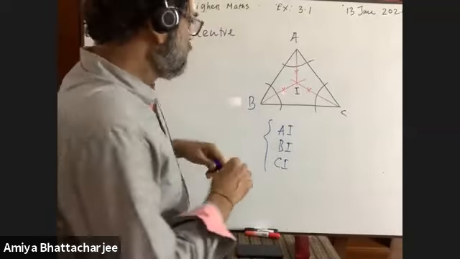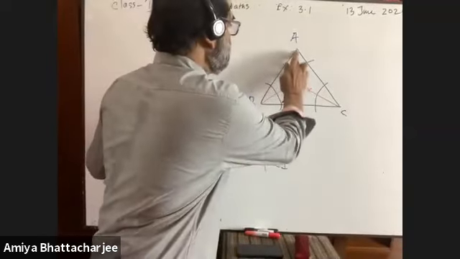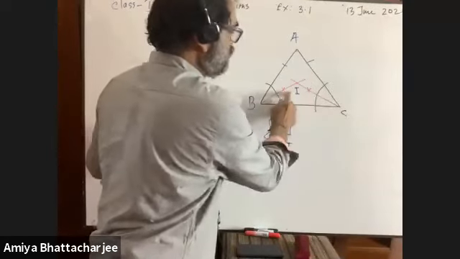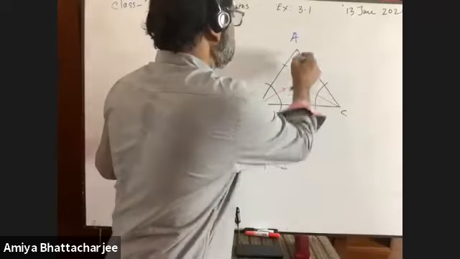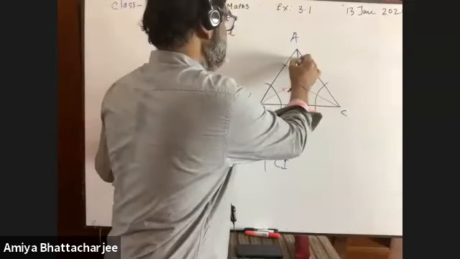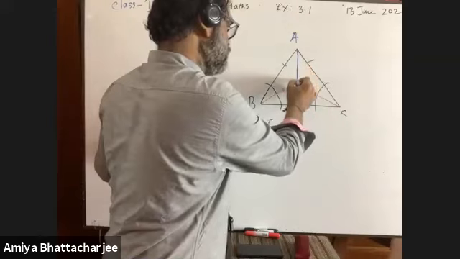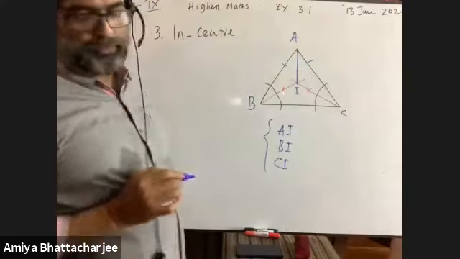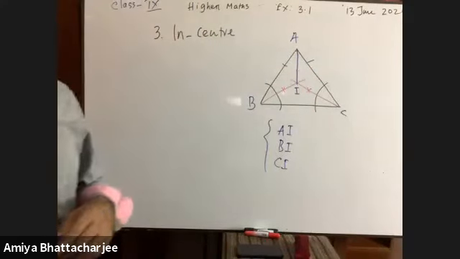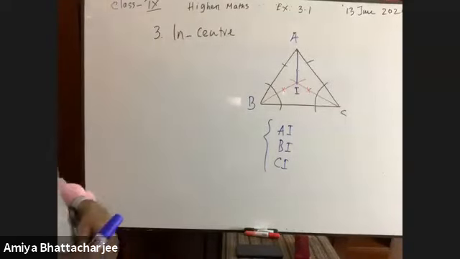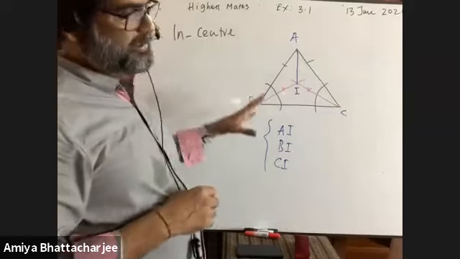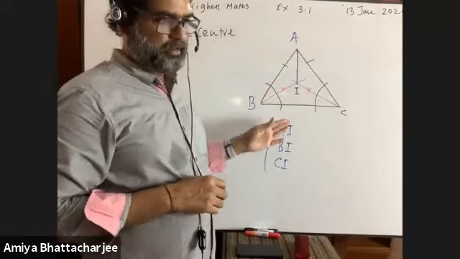It means, suppose if we draw only these two, then if we draw the bisector of angle A, it must pass through I. Sir, would you please repeat the definition? Okay, the bisectors of the angles of a triangle.